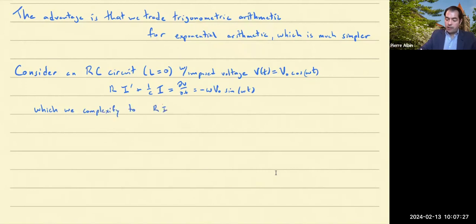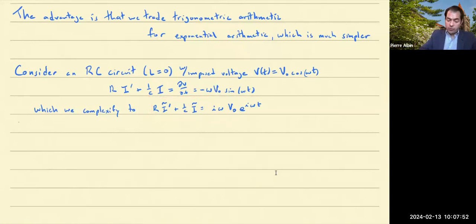to R I tilde prime plus 1 over C I tilde equals I omega V naught e to the I omega t. Okay, so we know how to solve equations like this, linear ODE with constant coefficients.